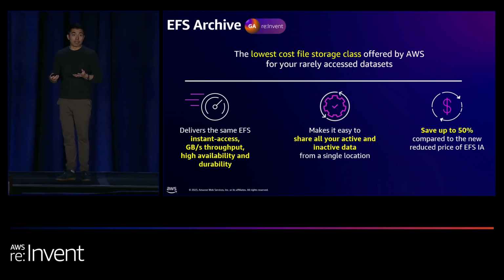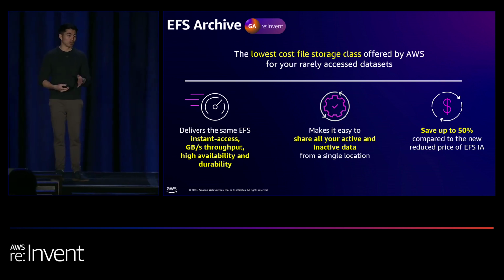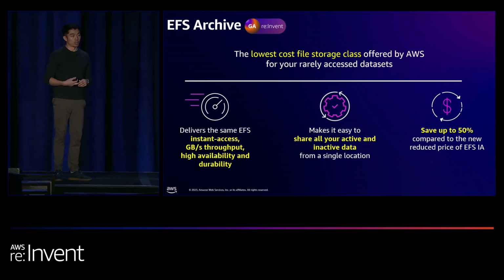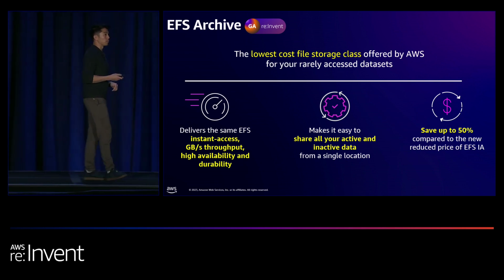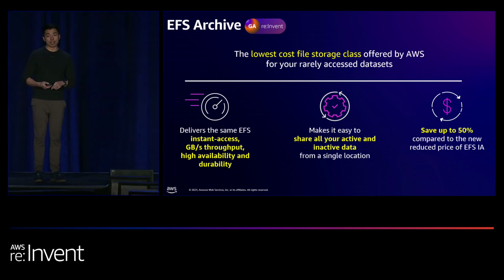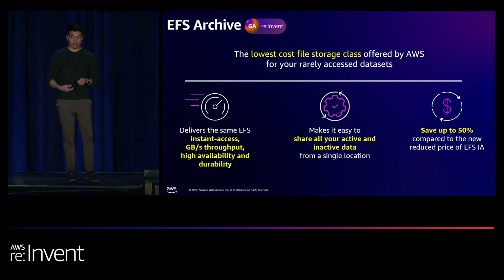With EFS Archive and EFS's existing storage classes, you can now share all of your data set, from your hottest, most frequently accessed, most performance-sensitive data, down to your coldest, least frequently accessed, rarely accessed data, all from a single namespace solution for your end users and applications. And this new storage class enables you to save up to 50% compared to even the reduced price of EFS IA that we announced yesterday.